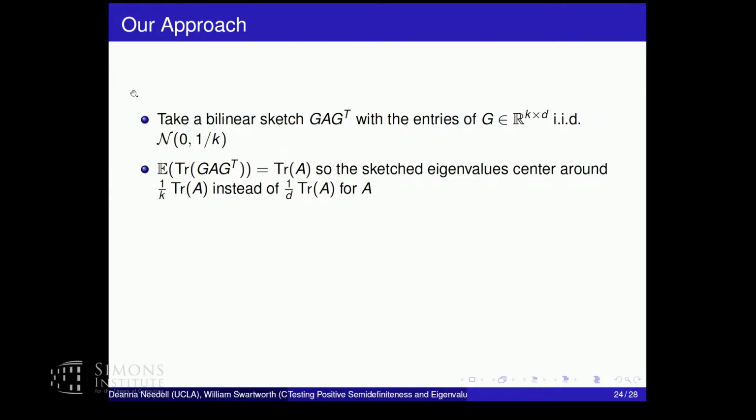So the eigenvalues average at 1/k times the trace of A instead of 1/d times the trace of A. And we correct for this by subtracting off 1/k times the trace of A times the identity. So we have our sketch, and we subtract off a multiple of the identity to try to correct for this.